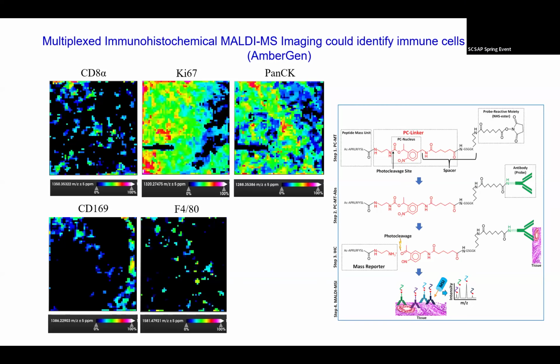The antibodies are tagged, and once the laser shines onto the tissue, the tag is released and we can detect it. So we are able to detect the immune profile in the tissue. The hope is that once you have the immune cell profile, you can have another tissue section with another layer of small molecule, and then you can overlay them together. We are working on that to see how it goes.